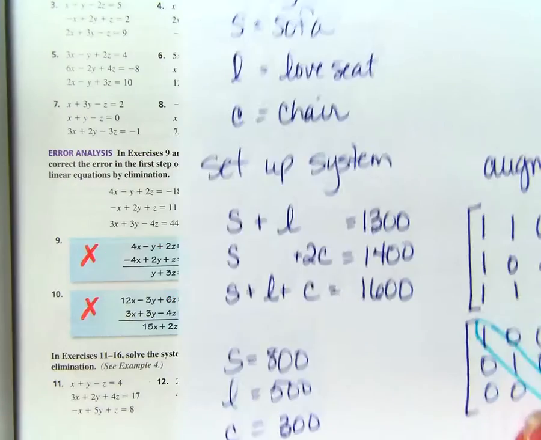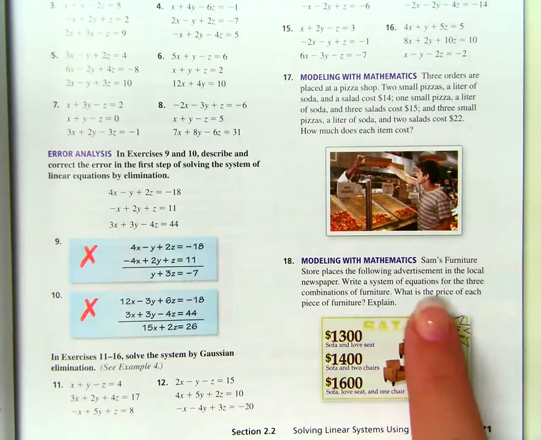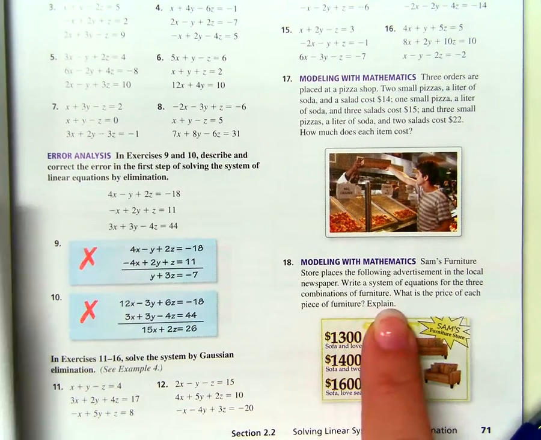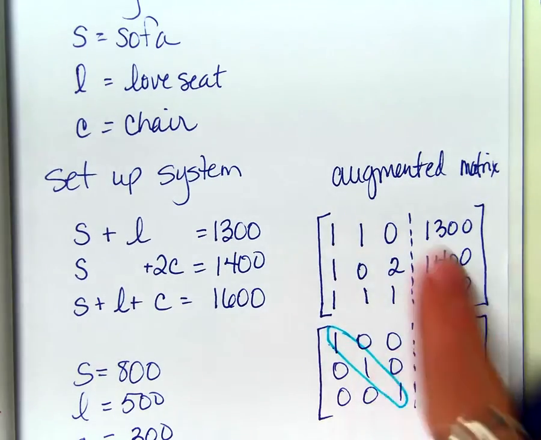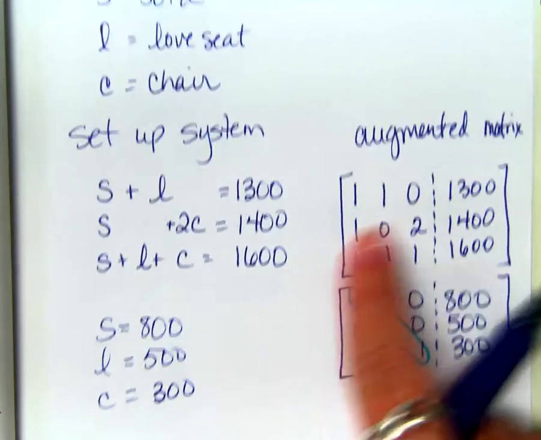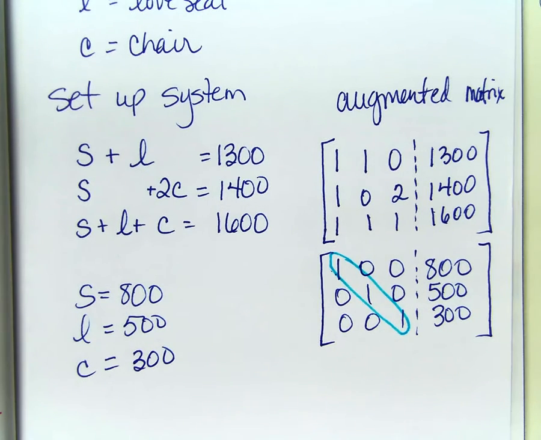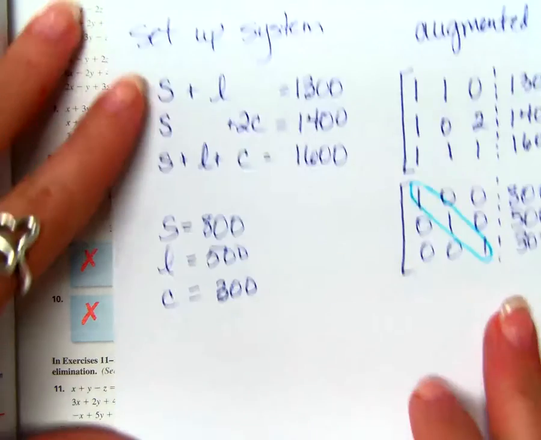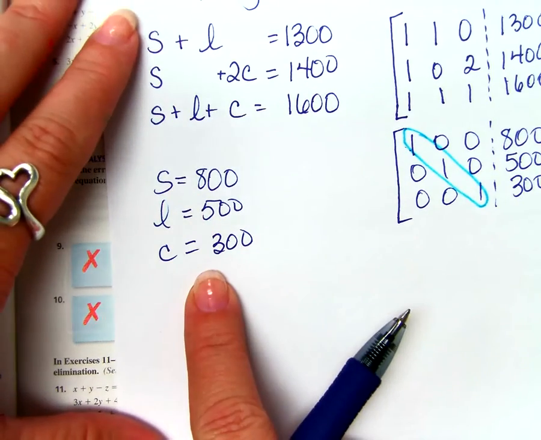Okay. Now I have to answer the question that the problem asked. What is the price of each piece of furniture, and explain? Well, this work is your explanation. This is how you got the answer. Now, if you do it by elimination, obviously you have all those other steps, okay? But if we have S, L, and C, I have to explain what that means.